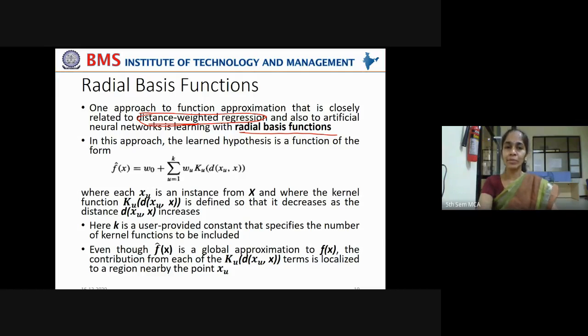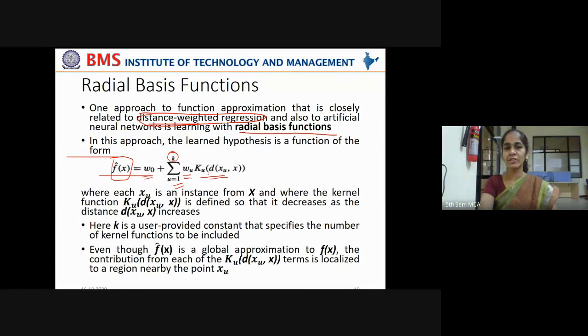Okay, so in this approach, the learned hypothesis is a function of the form. How do you represent the function? That is the target function f cap of x. How do you represent that? W naught, the bias term or the constant term, plus sigma u equal to 1 to k, taking k nearest neighbors, Wu, the weight associated with each data point, multiplied by the kernel function Ku.